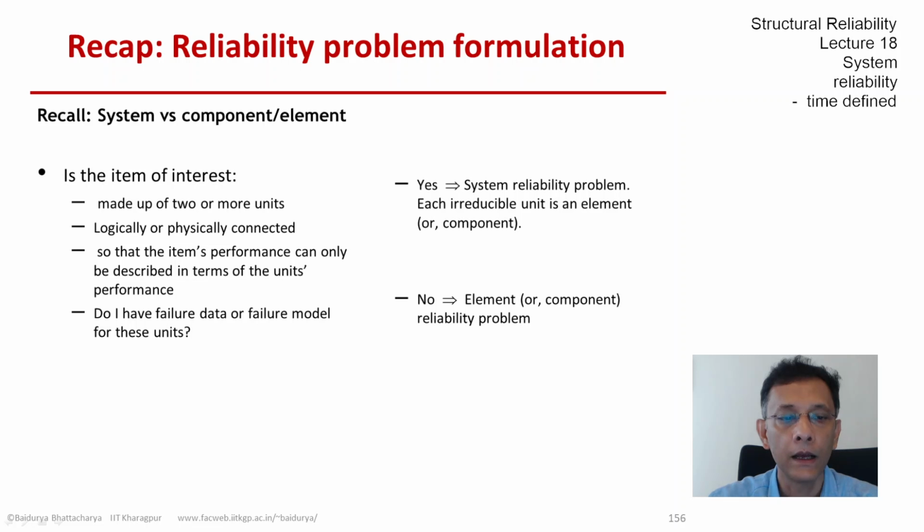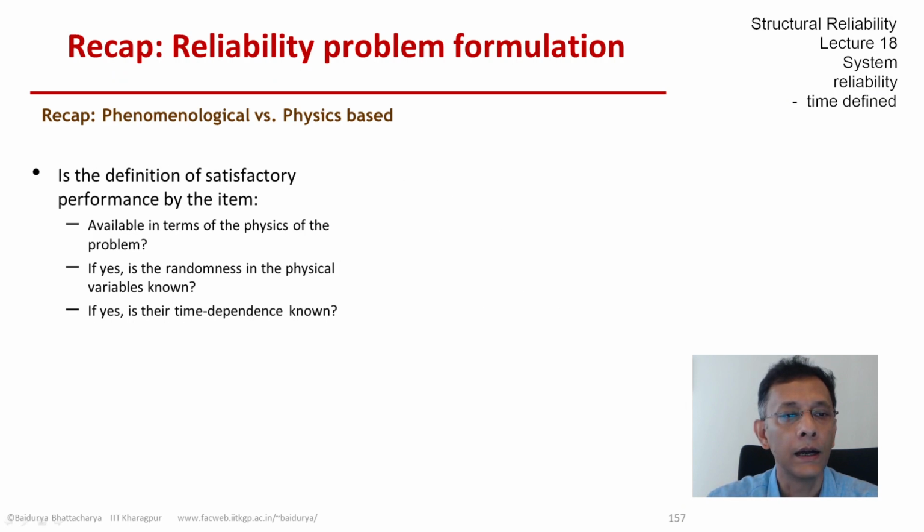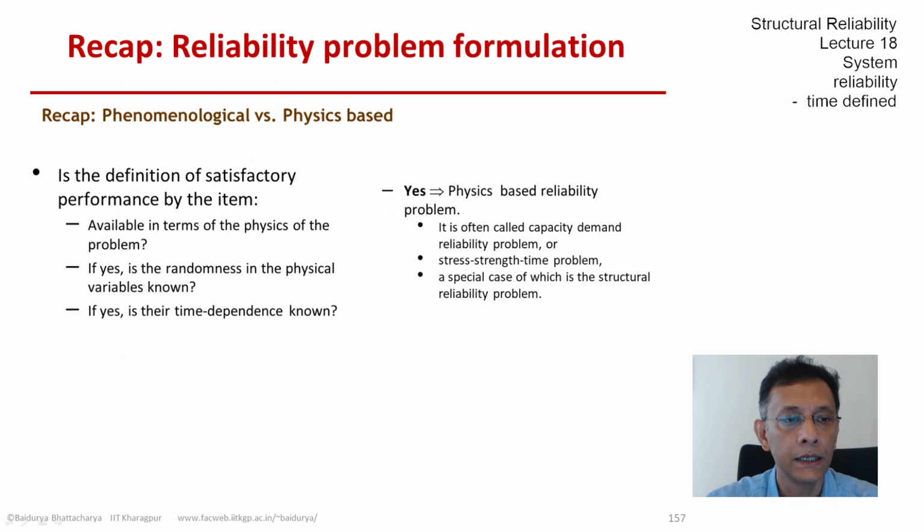Now let's just recap this physics-based versus phenomenological issue. The question is: is the definition of satisfactory performance for the item available only in terms of the underlying physics, in most of our cases, mechanics? If yes, do I know the randomness involved in all the variables of interest? And if yes, do I know their time dependence?